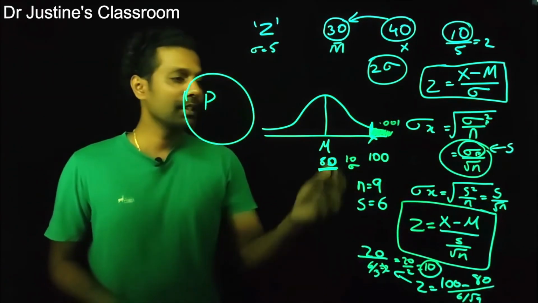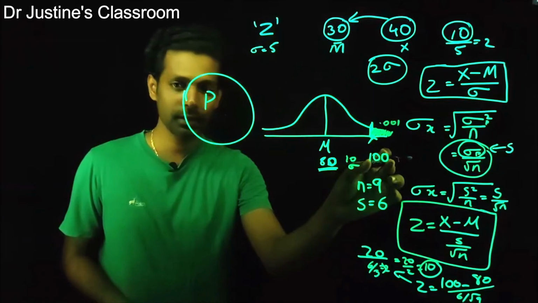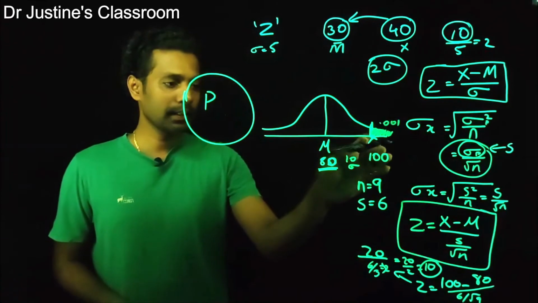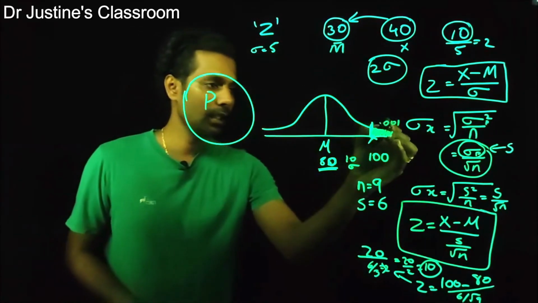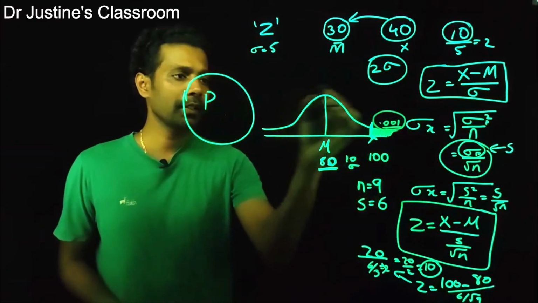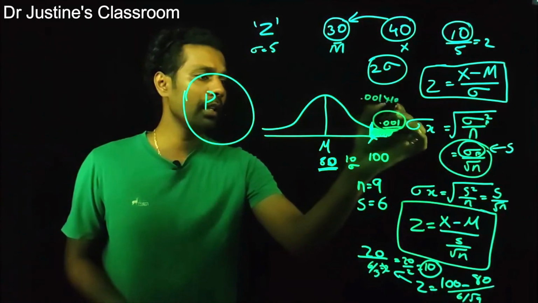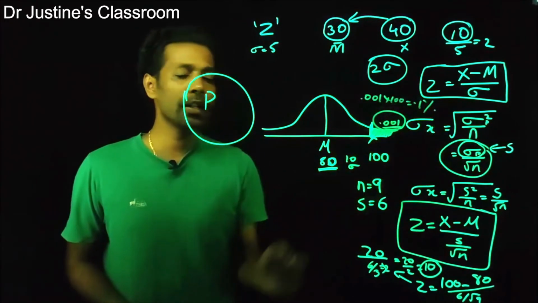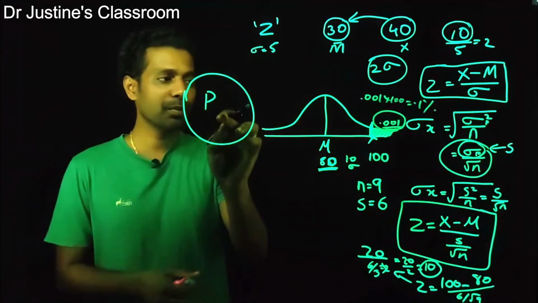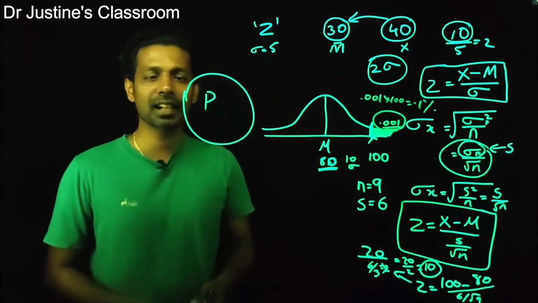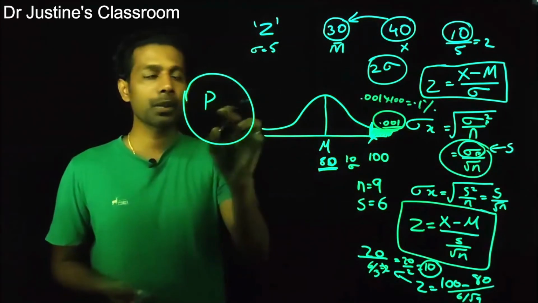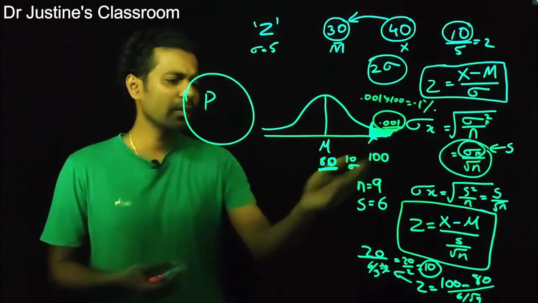This means the chance to get a value of 100, or a more extreme value, assuming that this sample is taken from this population, is that level of significance, 0.001 into 100, that means a 0.1% chance. Generally I would say there's a very small chance to get a value like that. So my assumption would be this sample may not be from the same population, it could be from some other population. So I would say that these two values are significantly different.